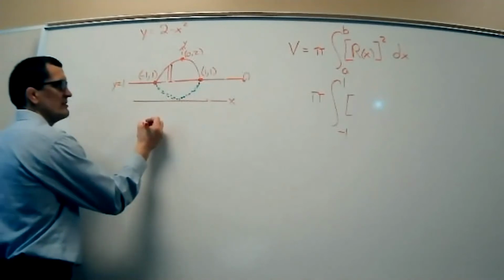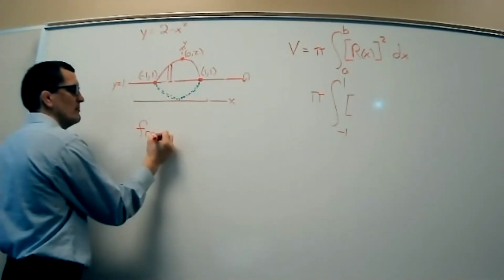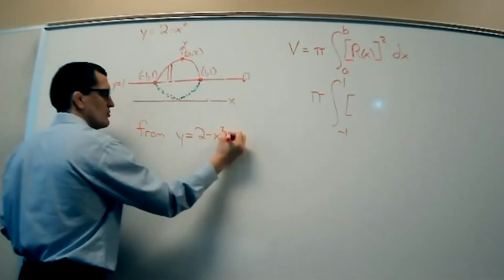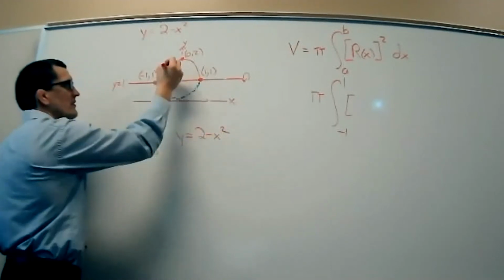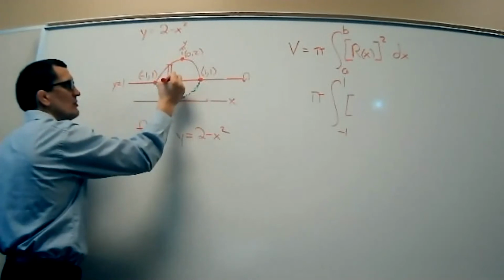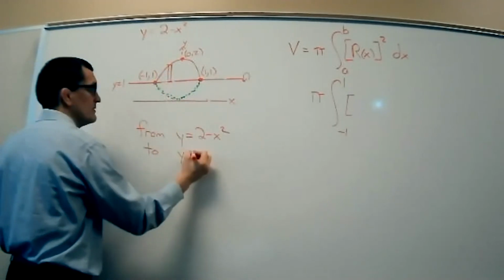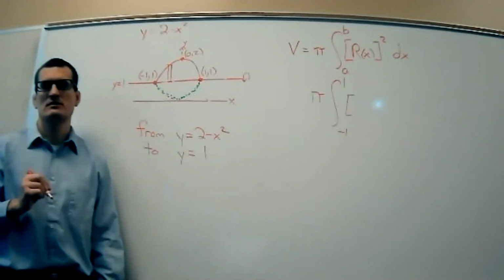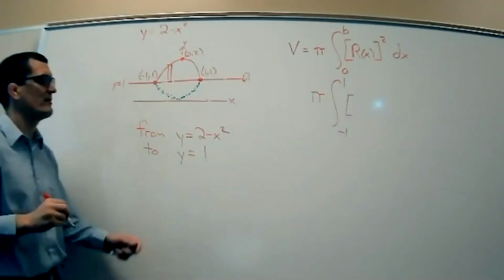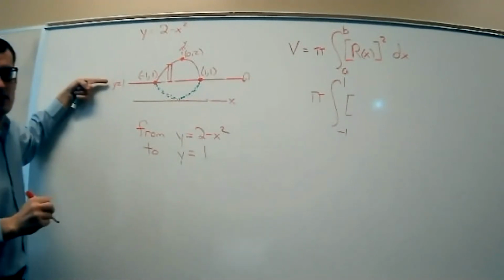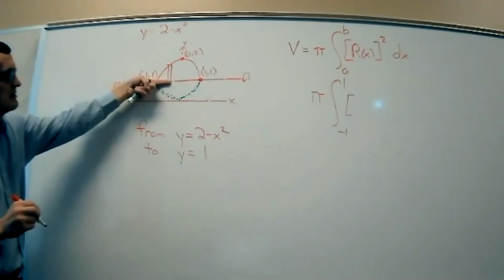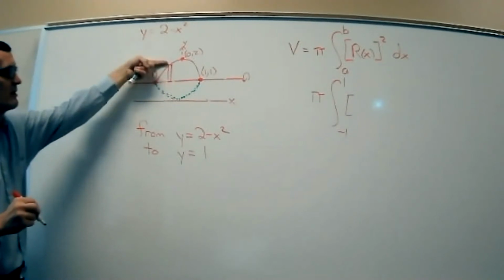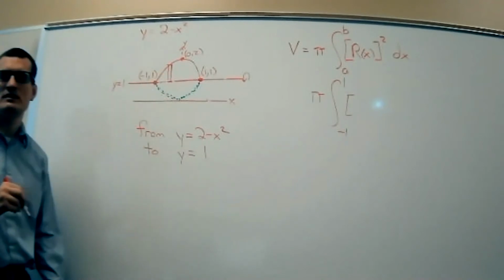So the radius is going from y equals 2 minus x squared, that's the top, to y equals 0. Or excuse me, not y equals 0. In this case, y equals 1. Everybody get that? Since we're revolving around the line y equals 1, it goes from the top of the curve down to y equals 1.